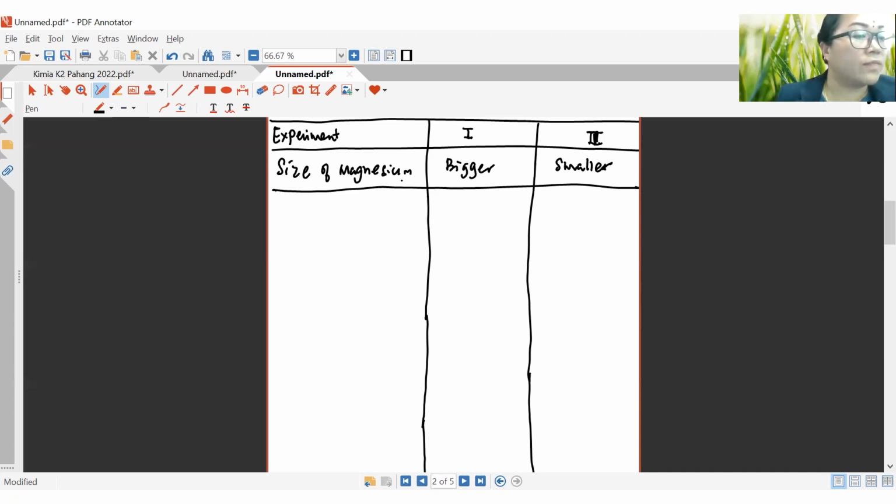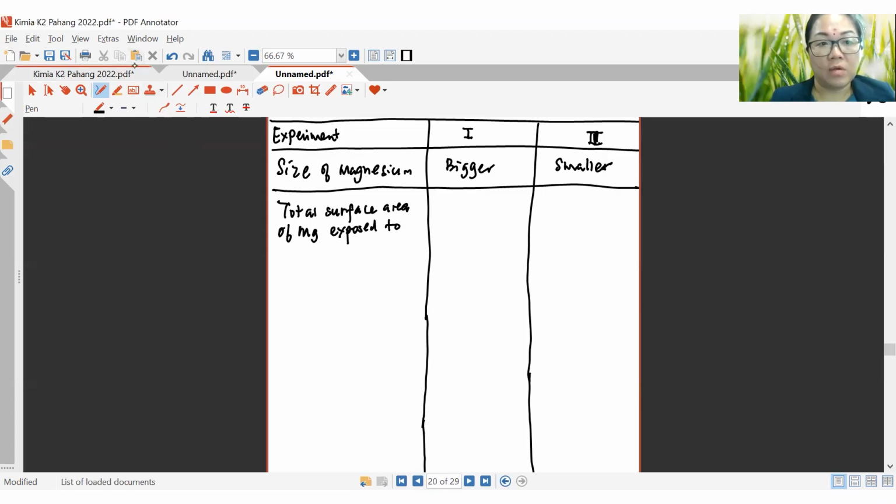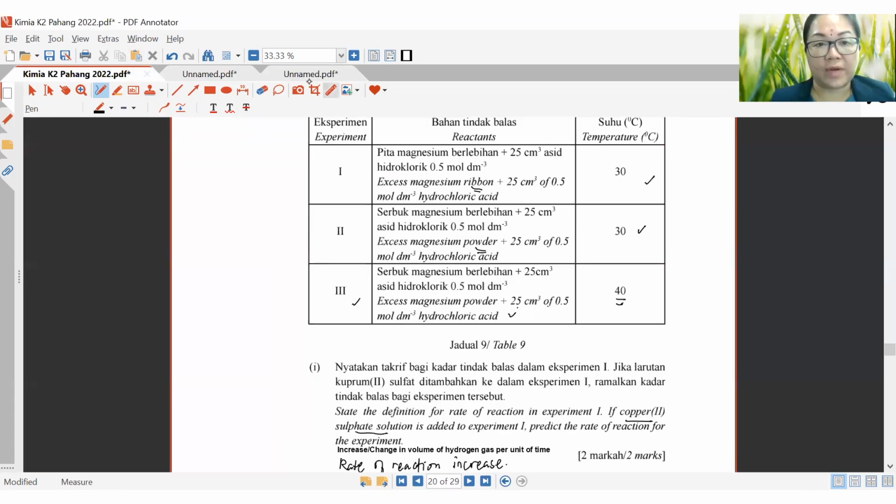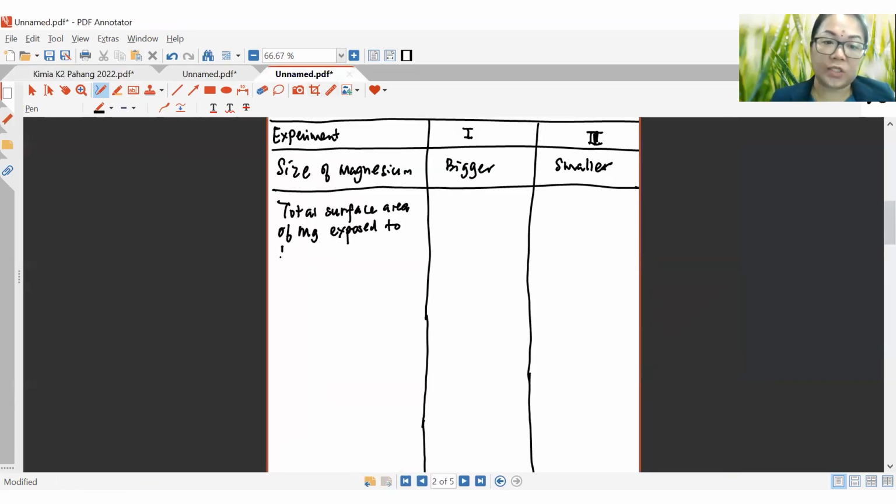For size of particle, first thing, total surface area of magnesium exposed to hydrochloric acid. Both sets are using hydrochloric acid, so please do mention hydrochloric acid.